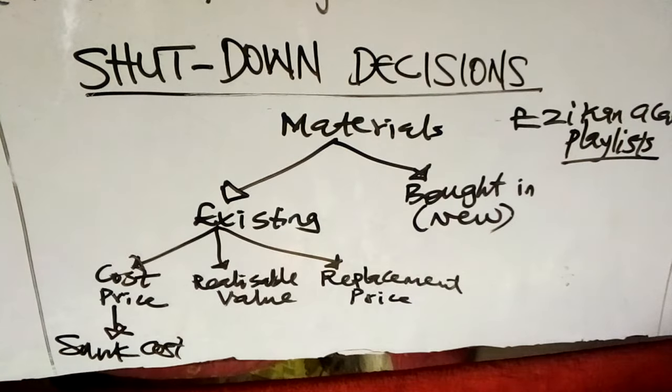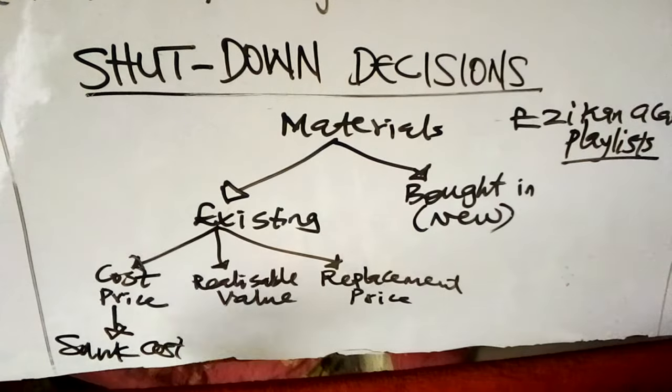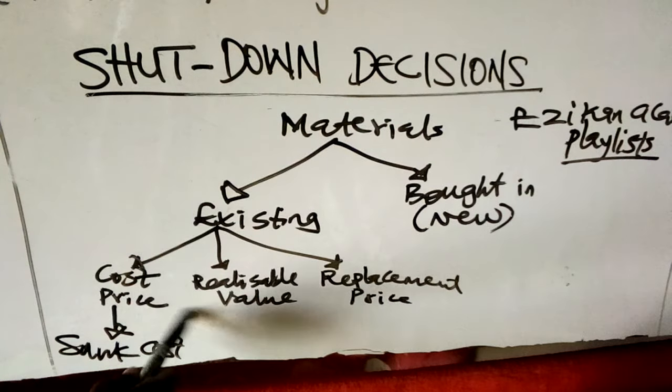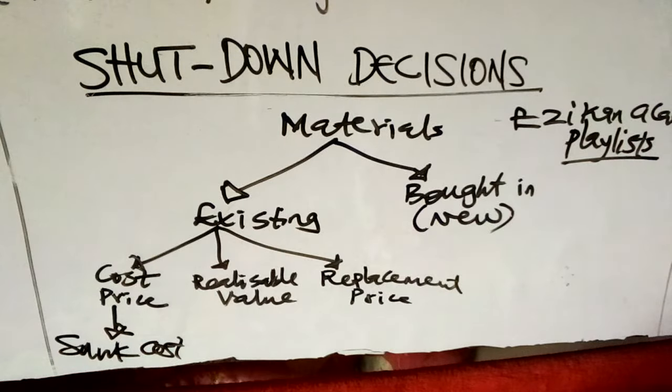Realizable value will be used where that material is no longer needed. They might use another phrase or clause to illustrate that, where you can see wordings in the question that the material is no longer required or no longer needed. Then you use the realizable value of that material.